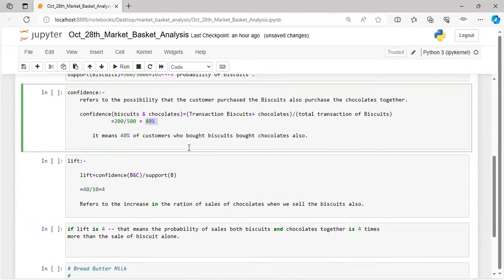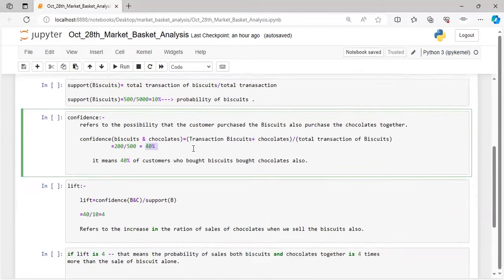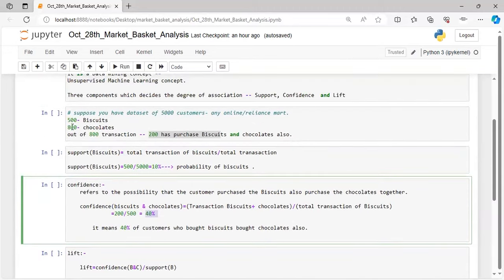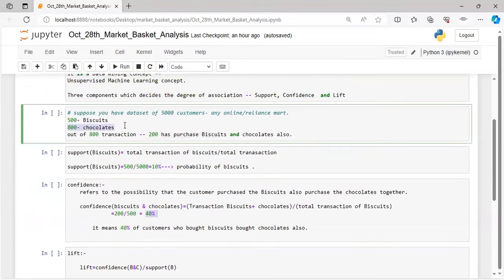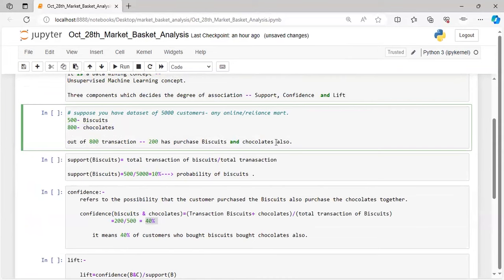800 people are there who have purchased biscuit and chocolate. No, look, out of 800 transactions, 200 have purchased biscuit and chocolate also. Yes, out of 800.